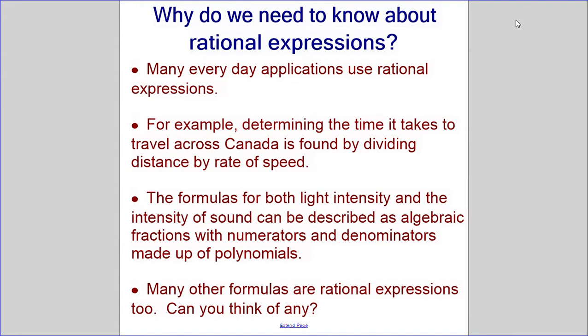Formulas for something like light intensity or intensity of sound can be described as algebraic fractions that have numerators and denominators, and there's lots of other ones. If you can think of any math formulas throughout your different math courses that have fractions as equations, then you're starting to build up this concept of rational expressions.